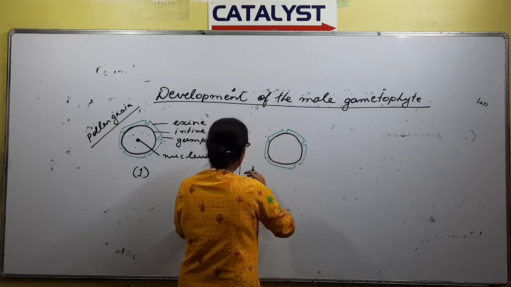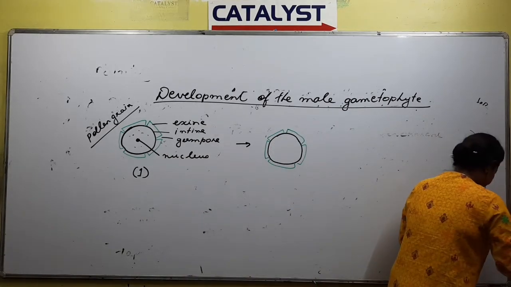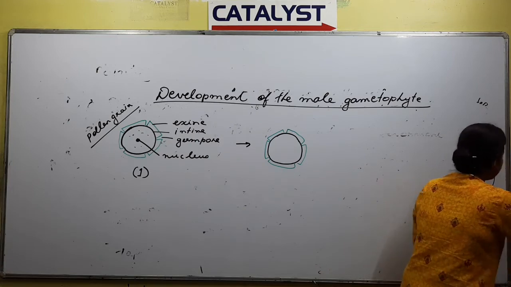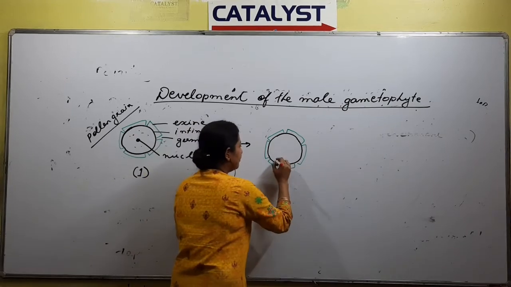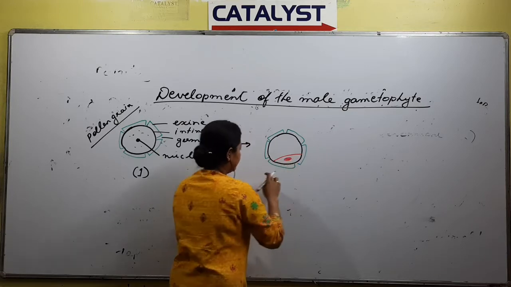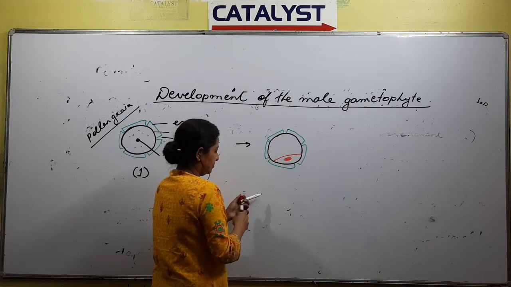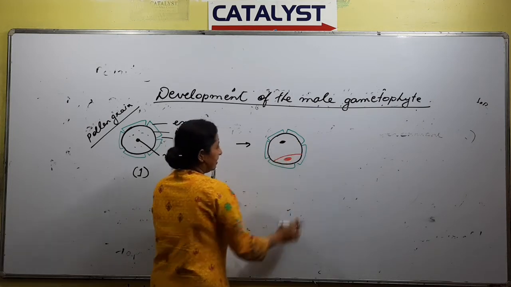So it will divide. This pollen grain will divide to form two cells. And the other cell, what is this cell?